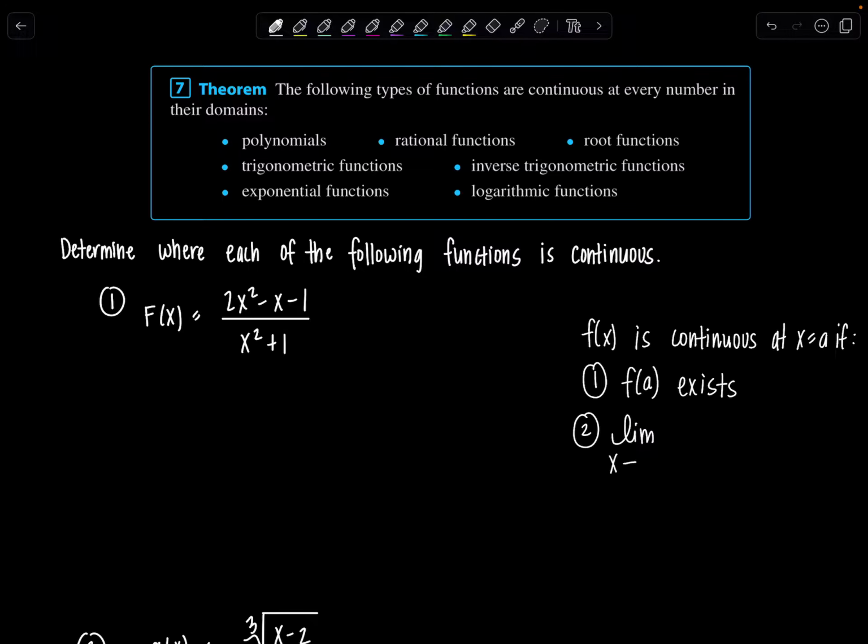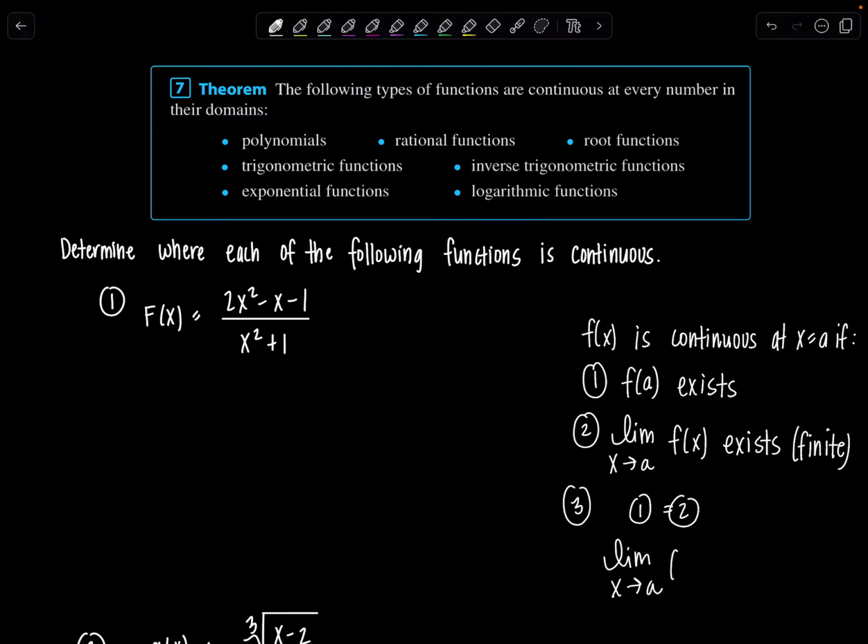Second, the limit as x approaches a of f of x exists, and it's a finite limit. And the third thing is that step 1 equals step 2, namely that the limit as x approaches a of f of x equals f of a.